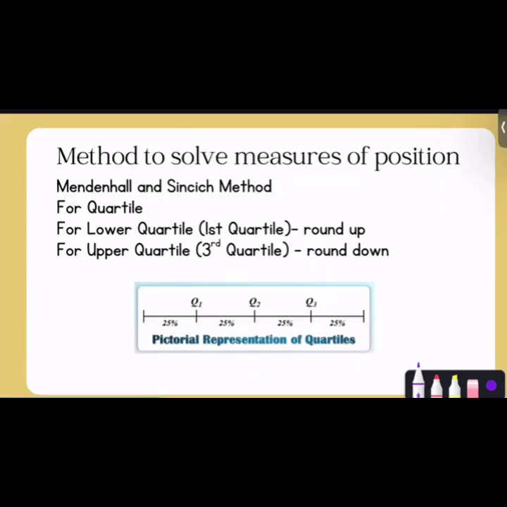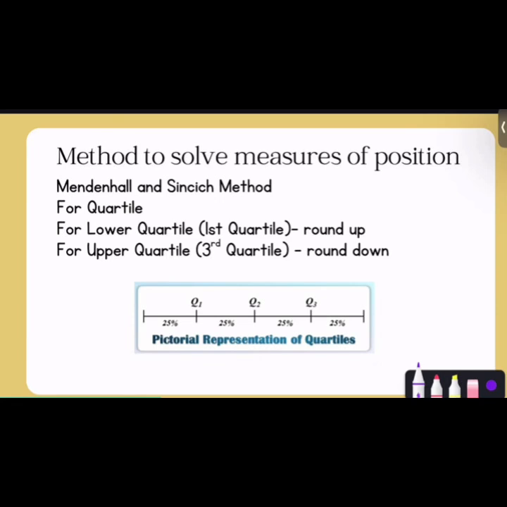Now that we know the equivalents in measures of position, let's proceed with the next one: the method to solve measures of position. We have what is called the Mendenhall and Sincich method. We apply this method to our measures of position, but there are different cases for quartile and different cases for decile and percentile. Quartile is different. For the lower quartile or the first quartile, whatever the decimal point is, we round up.